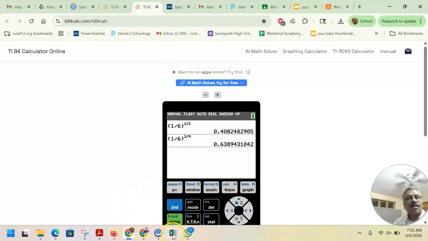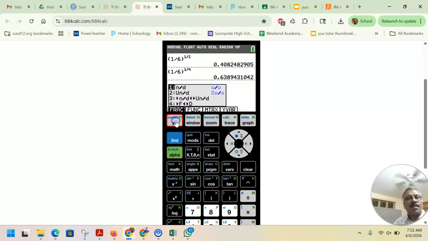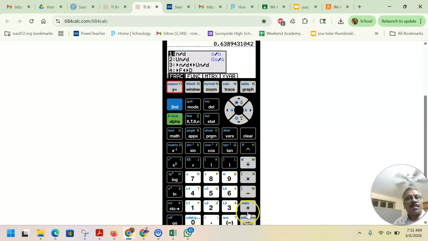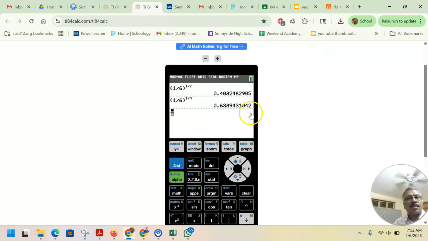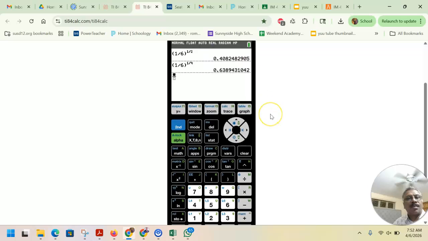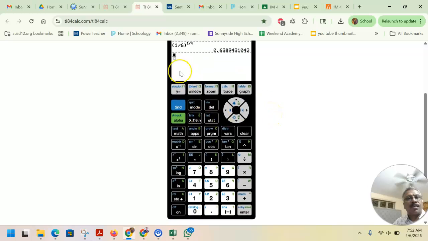So it is 1, or you can click on alpha this, and make this small. And then the numerator is 1, click down, and the denominator is 0.6389, close it, go up to 2, and get 2.449.